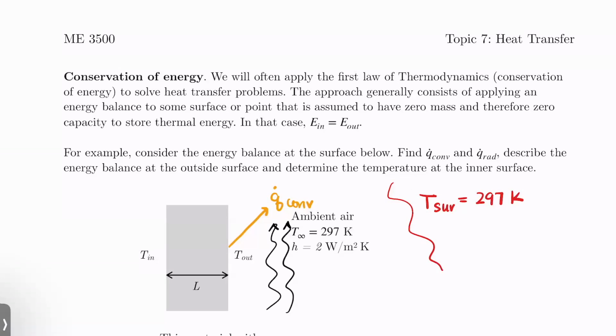We also are going to have a Q dot radiation. I'm drawing my Q dots in the positive sense, so they're going out from the surface to the surroundings. If this choice was wrong, we will end up with a negative sign, just like how we did in the fluids unit. And then we also have conduction going on here inside of the material.